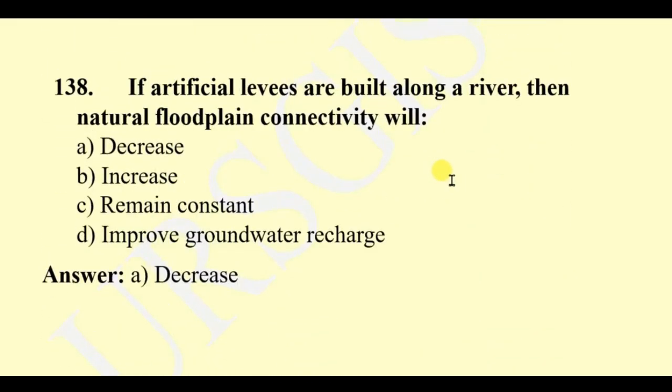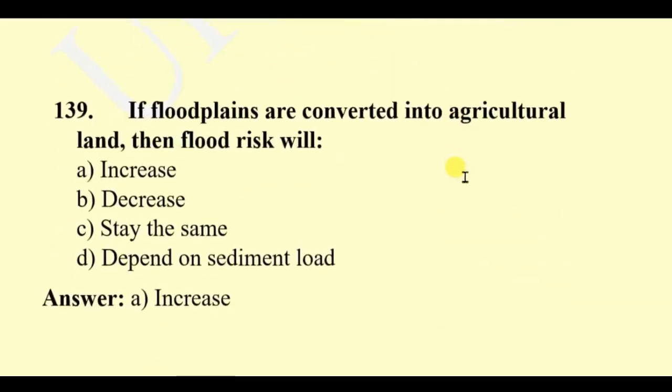Question 138. If artificial levees are built along a river, the natural floodplain connectivity will decrease. Question 139. If floodplains are converted into agricultural land, then flood risk will increase.